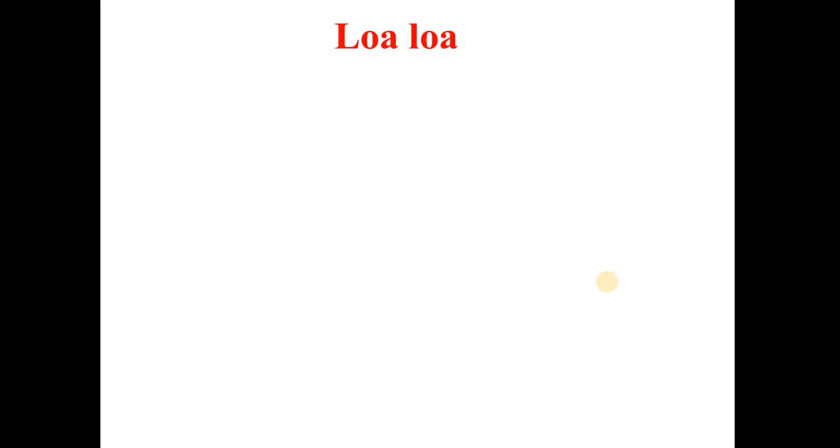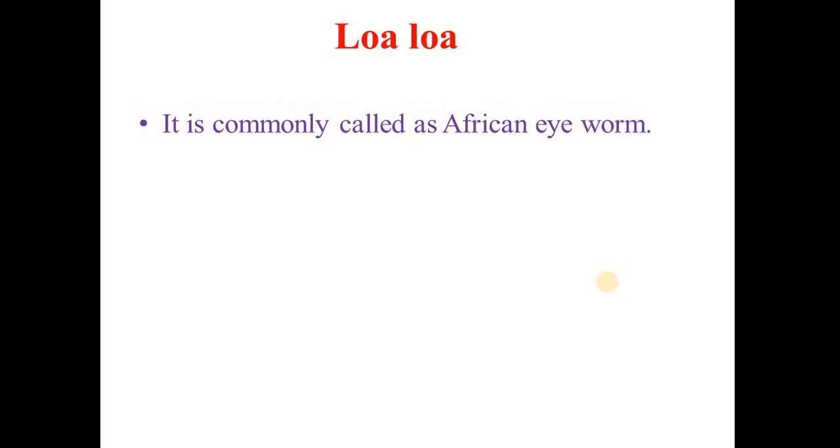Next is Loa loa. It is found in Africa and is commonly called the African eyeworm. During their migration, they pass across the eyeball. The intermediate host is the mango fly. It causes swelling and pain in the eyes.